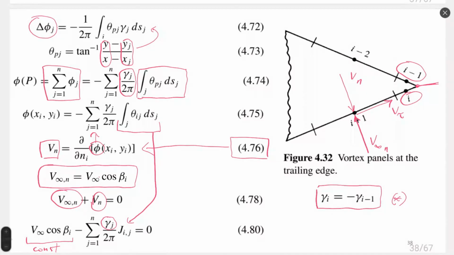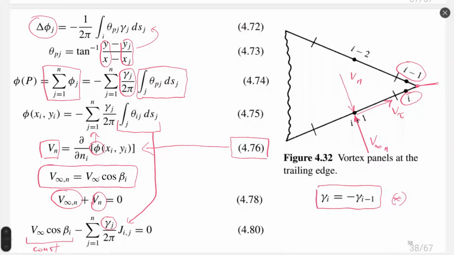And if the number of panels is big, we can use a numerical method, for example, the Gauss-Seidel method or Newton's method to solve this equation system.